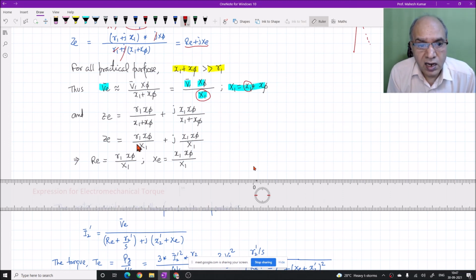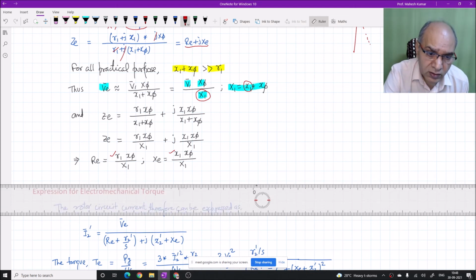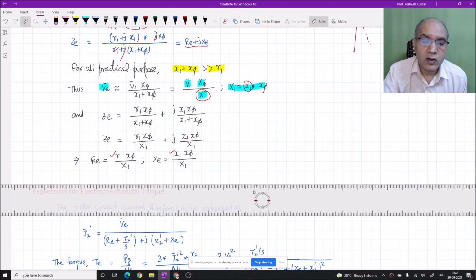So this is the RE and this is the XE. So now we have found the expressions for the equivalent circuit and also an approximate equivalent circuit in terms of the equivalent impedance and the equivalent voltage, which is called the Thevenin equivalent.